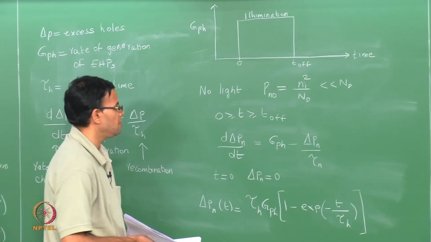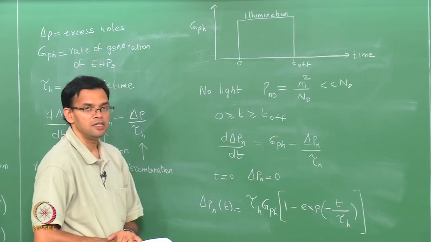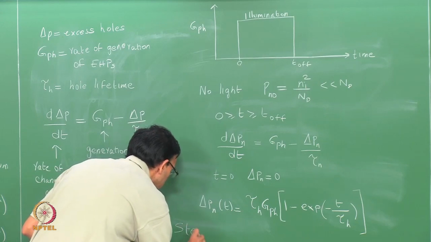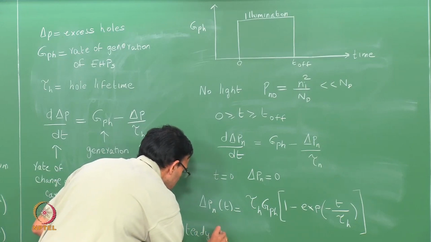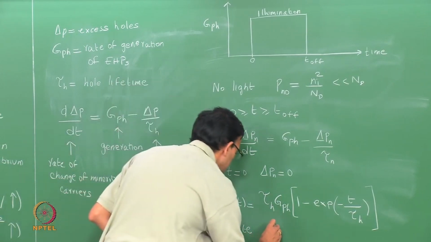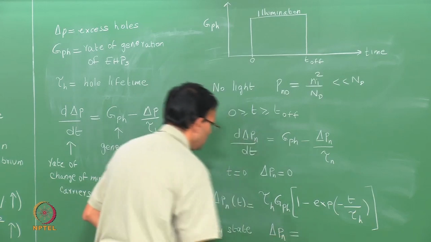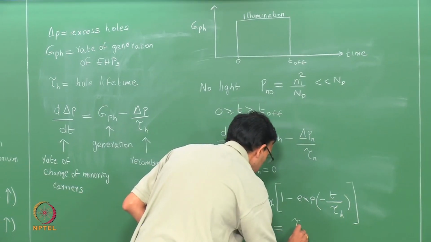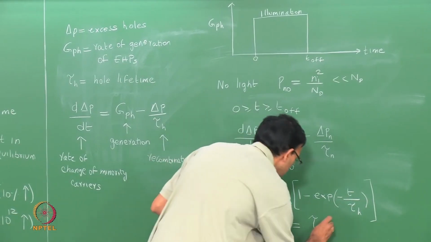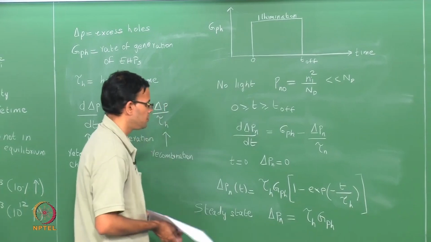When the system has reached steady state, your d delta Pn over dt is 0. So at steady state, the concentration of excess holes is tau h Gph.